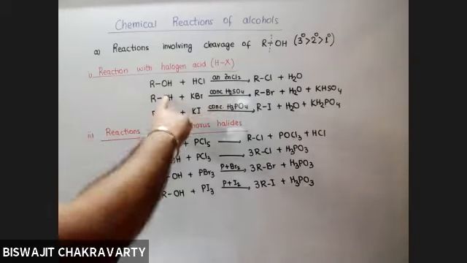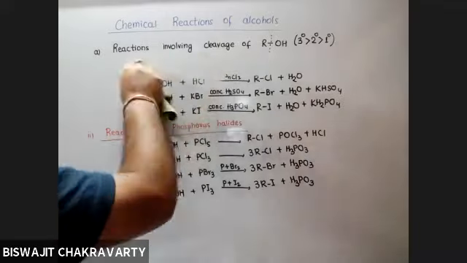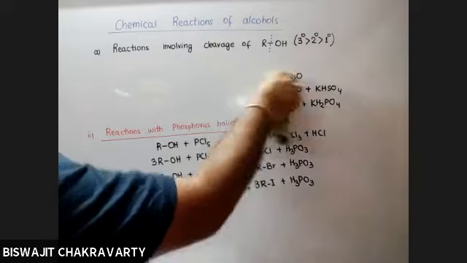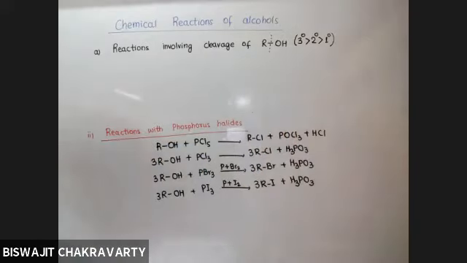Have you written down the reactions with halogen acids list? Yes, sir. Okay. Now I expect at least one answer from this third reaction, because this is a very important question.